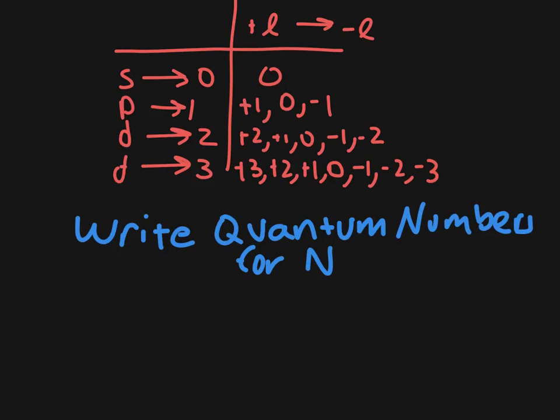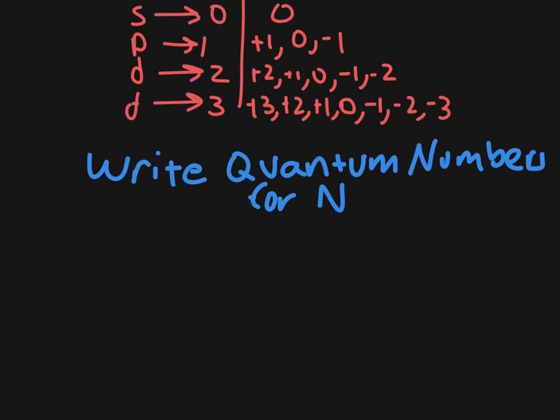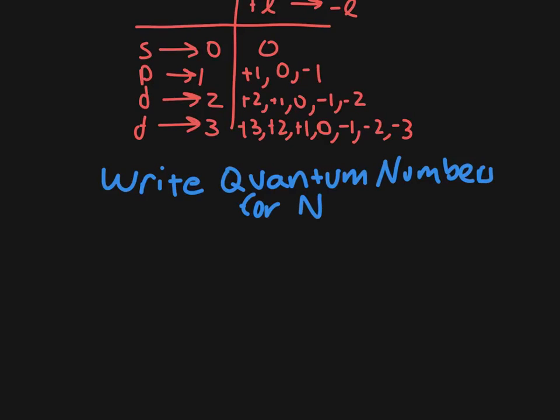And this is commonly what you would have to do on a test. The first thing we want to do when starting this is make our electron configuration. Nitrogen has an atomic number of 7. So we just go 1s2, 2s2, 2p3.